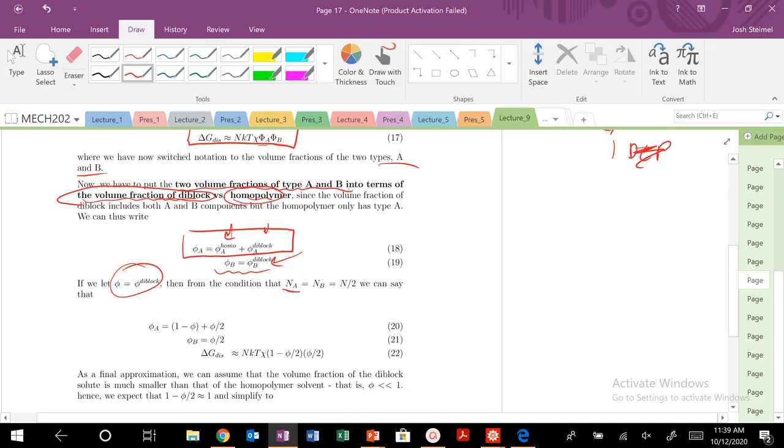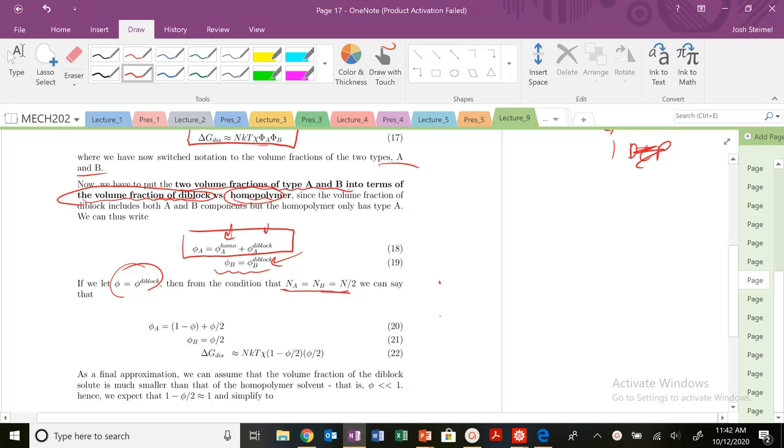We know that we're working with this 50-50 mix right here. So we can rewrite this expression in terms of the total volume fraction of our diblock. If Na equals Nb equals N over 2, then the volume fraction of our diblock is just going to equal the volume fraction of A plus the volume fraction of B, and thus the volume fraction of A in our diblock is going to be phi over 2, because this is just the sum of these, and those are equal.